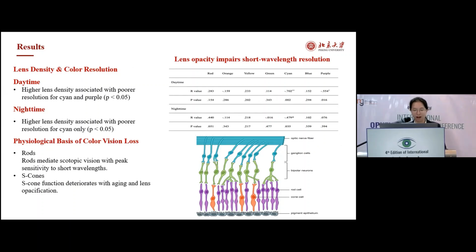At night, higher lens density remained associated with poor resolution, but only for cyan. This suggests that short wavelength discrimination is consistently affected by lens opacity. The fact that cyan remained affected at night, while purple did not, may reflect the different contribution of rods and cones under low lighting. So what explains these findings?